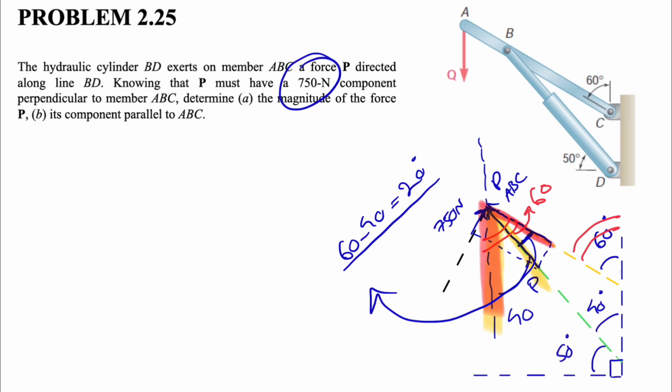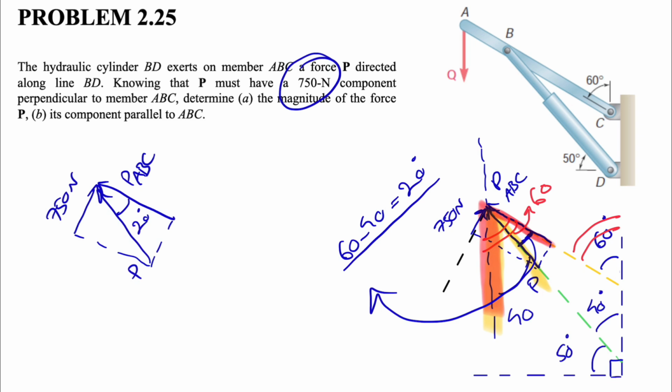The figure is a little bit crazy in there, so I'm just going to show it in here, then we can see it better. So we have our P in here. This was 750 Newton, and we call this PABC, and we figured out this angle is 20 degrees.